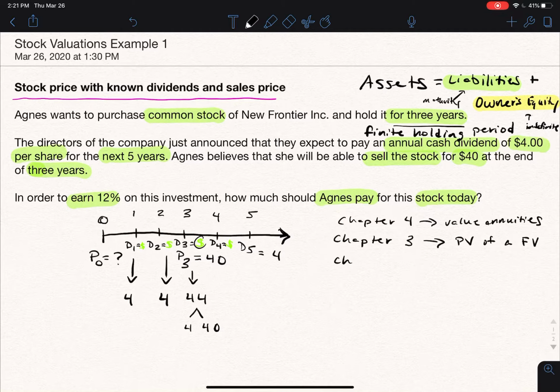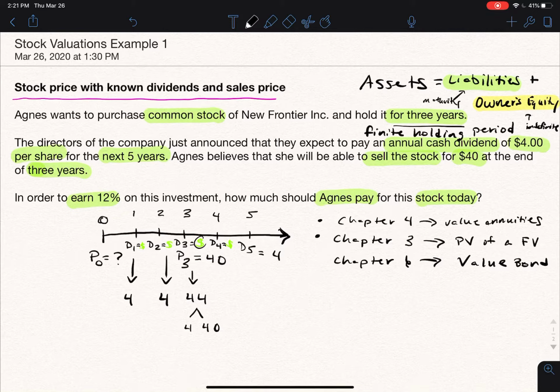And in Chapter 6, you were taught how to value a bond. And when we look at the cash flows going on here, you could basically solve this problem two different ways. You can either solve it using what you were taught in Chapters 3 and 4. You could do them separately.